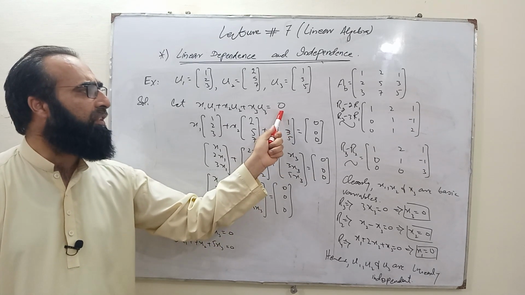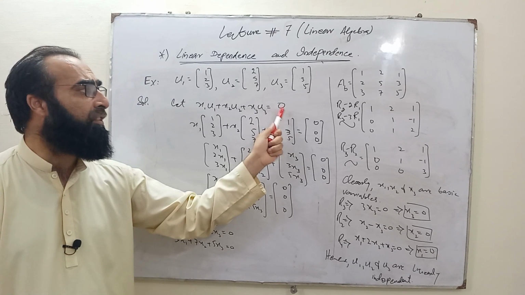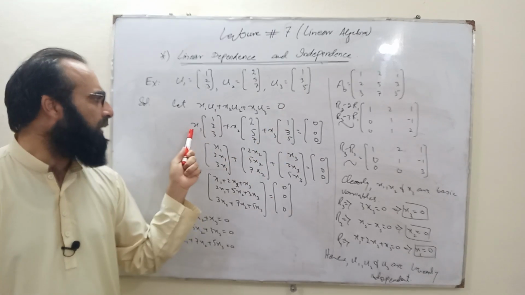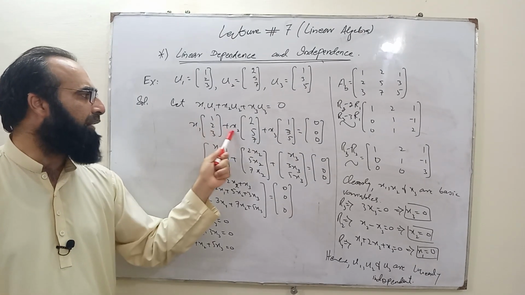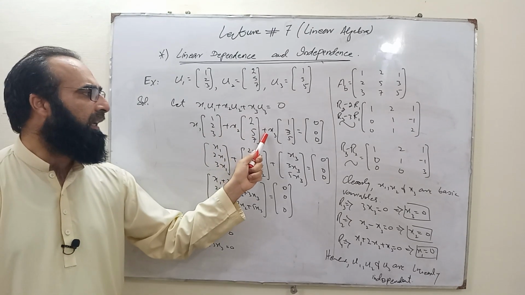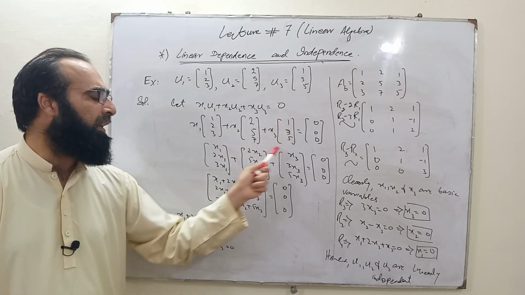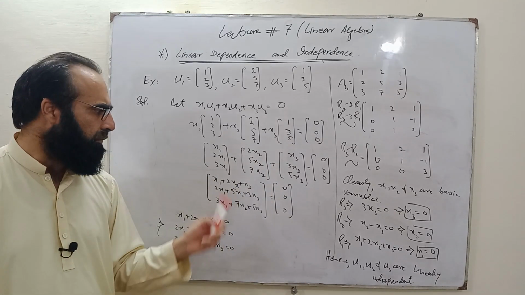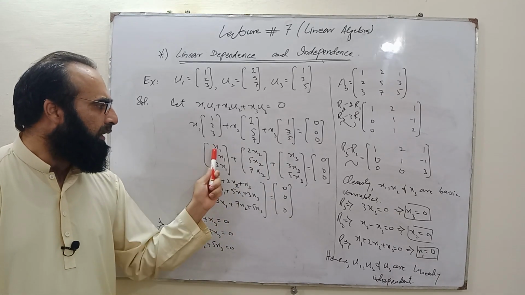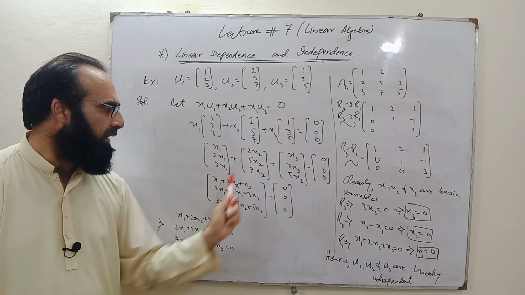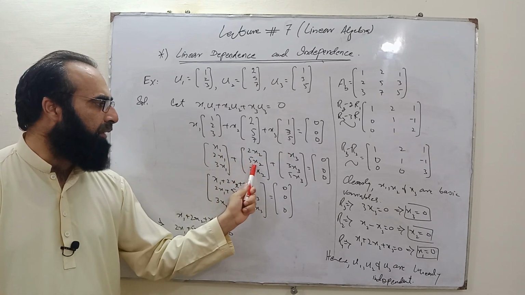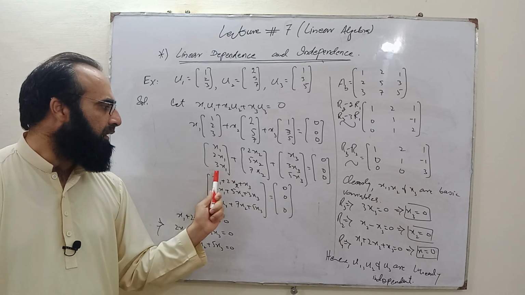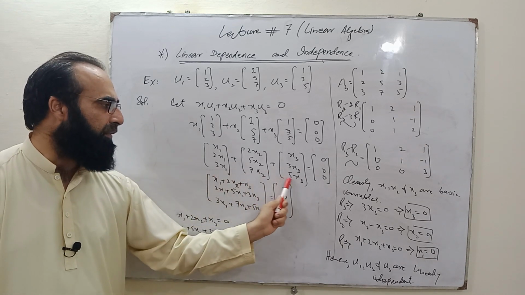And since on the right side we have 0, here 0 means the zero vector. Now multiply x1 with (1, 2, 3), x2 with (2, 5, 7) and x3 with (1, 3, 5), and after that add these columns. We get x1 plus 2x2 plus x3, 2x1 plus 5x2 plus 3x3, 3x1 plus 7x2 plus 5x3.